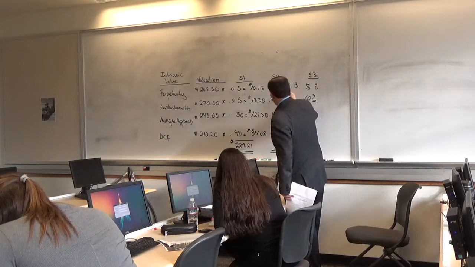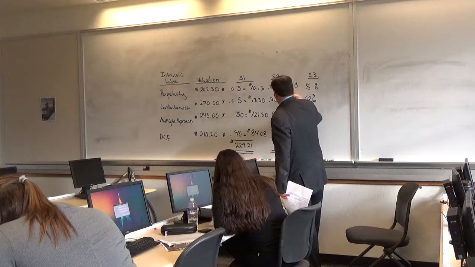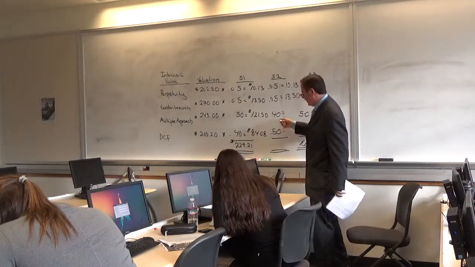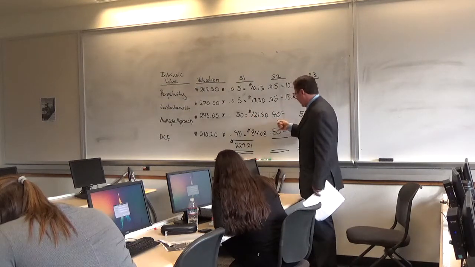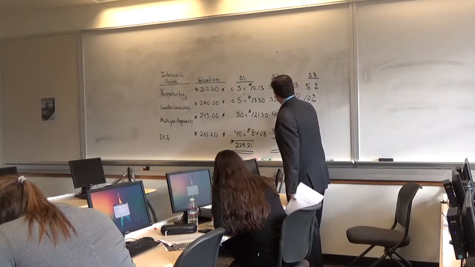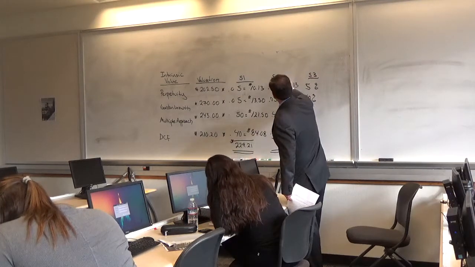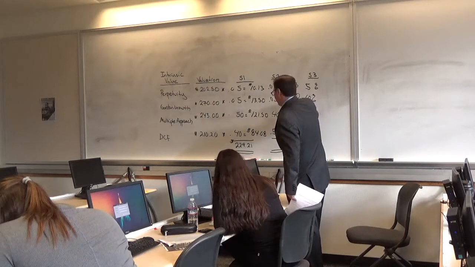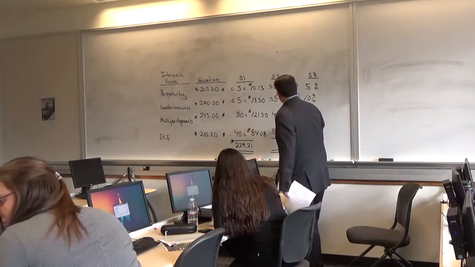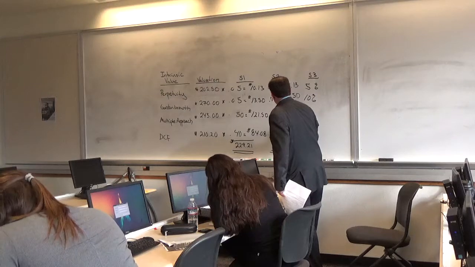This one's the same too, 13.50. What's $243 times 0.4? 97.2. Got it. And then what is 105.10? Thank you.